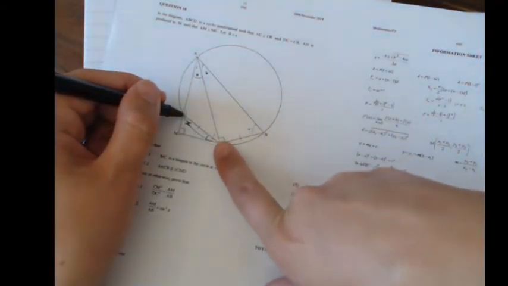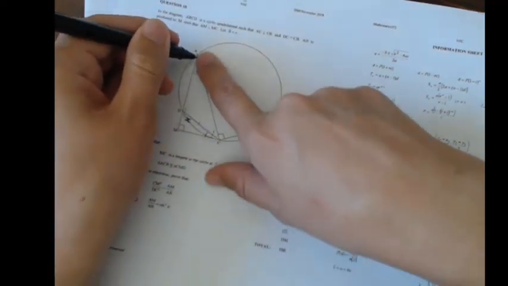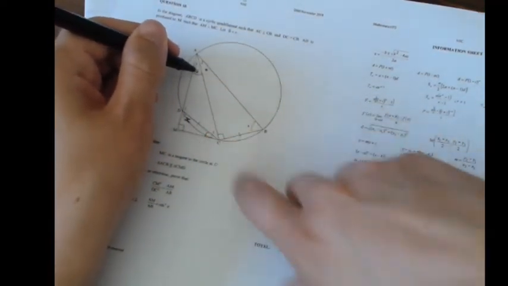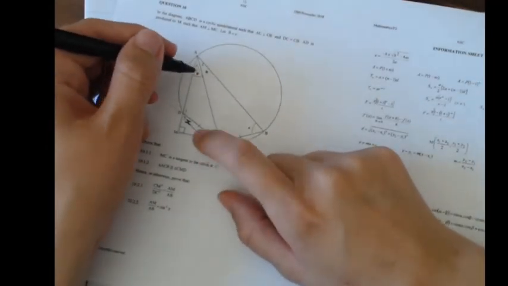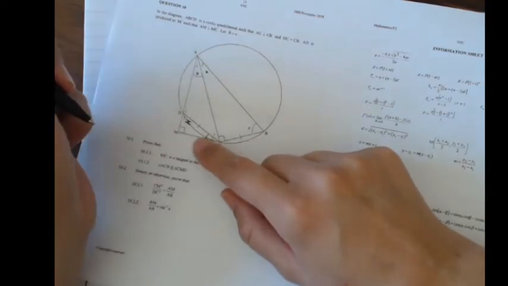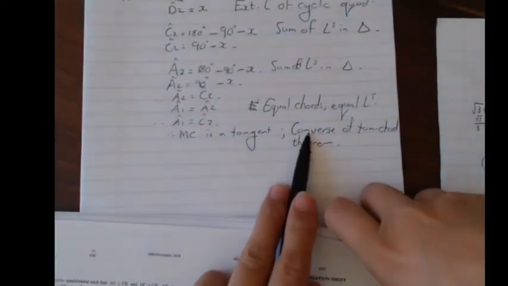So on this side, this angle, in the other segment on the circumference, those two will be equal. But now what I've done here is I've shown that those two are equal, hence that is a tangent. So I'm using it backwards, that's why I'm saying the converse of. So MC is a tangent.